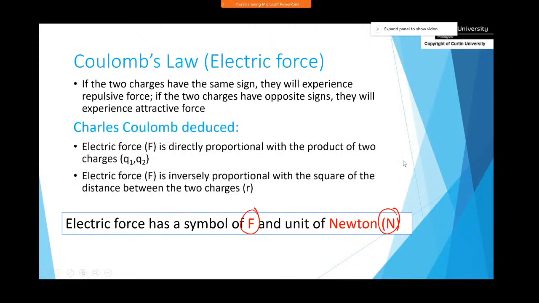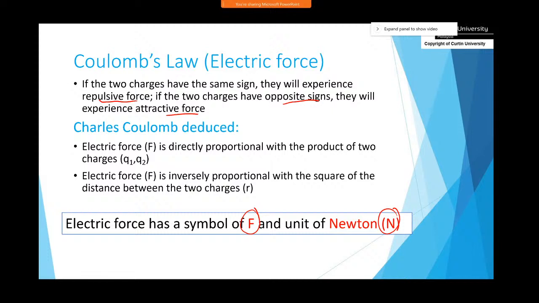So what does Coulomb's law mention? When both of the charges have the same sign, they will experience repulsive force. Same charges repel, opposite charges attract. This is just like our norm where opposite sex attracts, same sex repel.